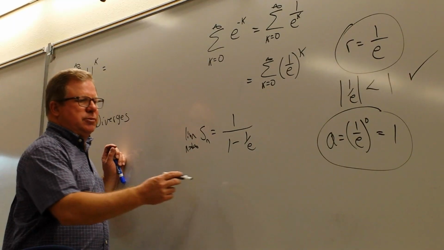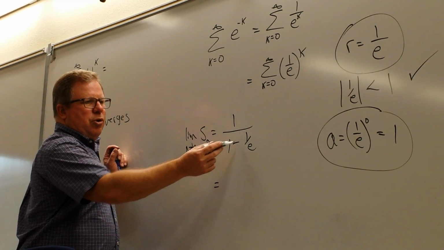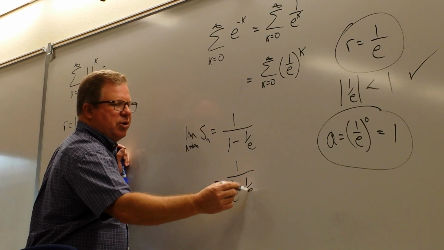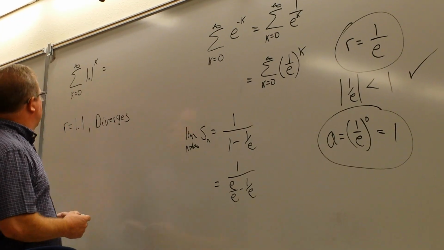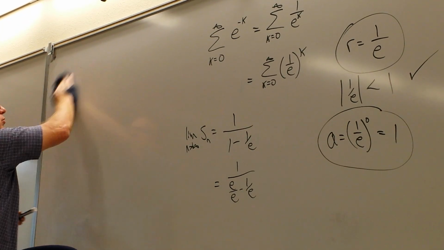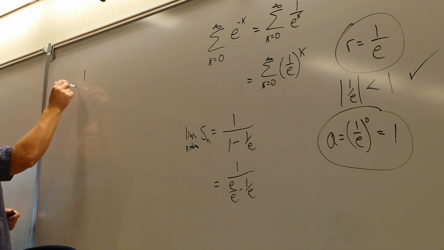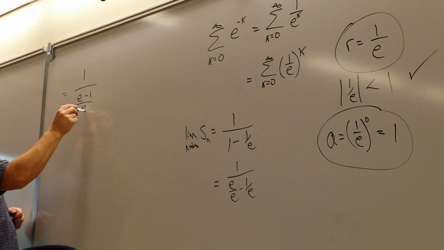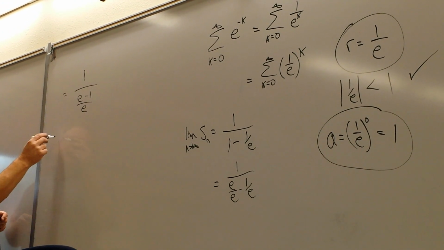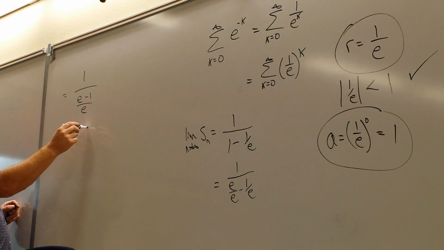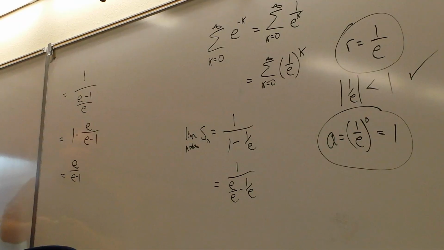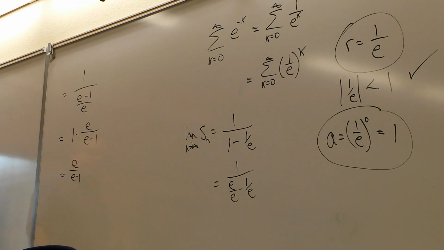Now, 1 minus 1 over e, that's like e over e minus 1 over e, which can be written as e minus 1 over e. And so now we multiply by the reciprocal, e over e minus 1, times 1 is just e over e minus 1. And yes, that is the infinite sum.